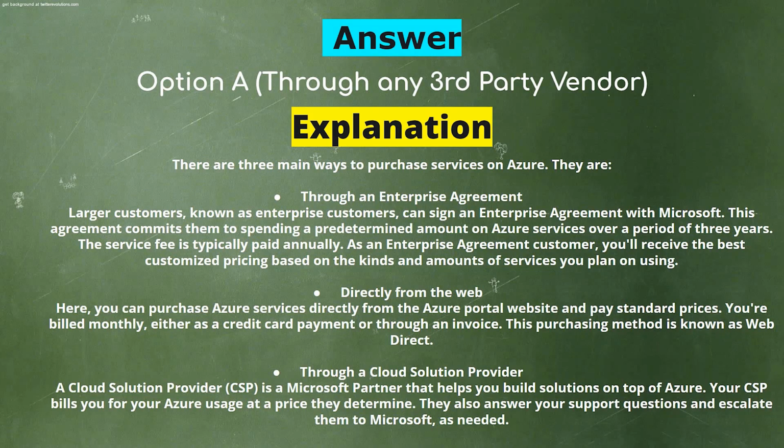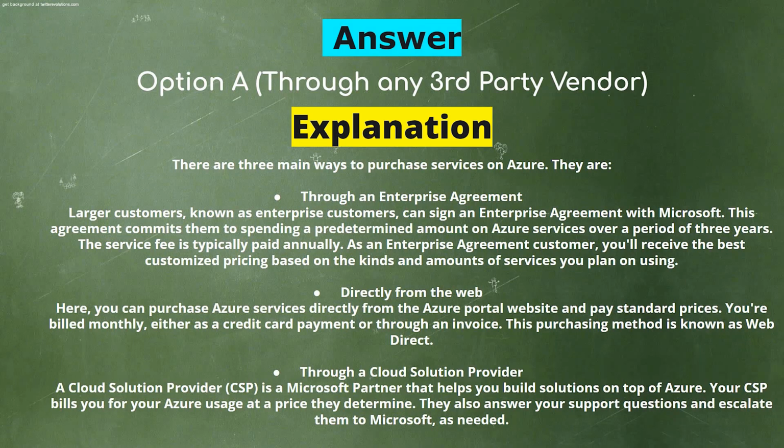Number 2, directly from the web. Here, you can purchase Azure services directly from the Azure portal website and pay standard prices. You are billed monthly, either as a credit card payment or through an invoice. This purchasing method is known as Web Direct.